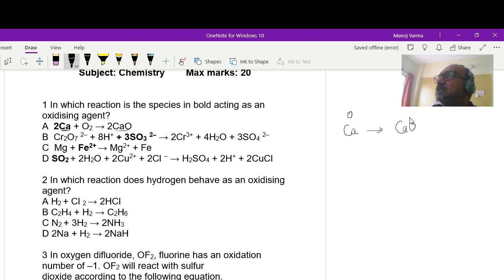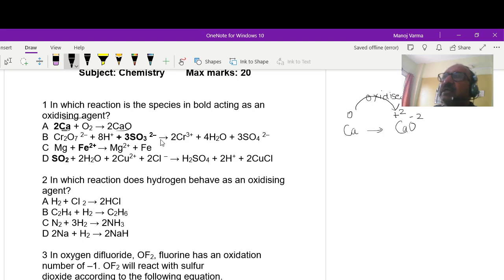Here oxygen is -2 and calcium is therefore +2. So from 0 calcium is changing to +2, so it is oxidized, and something which is oxidized acts as a reducing agent. Therefore this is not the answer, because they are asking you to find the oxidizing agent, not the reducing agent.